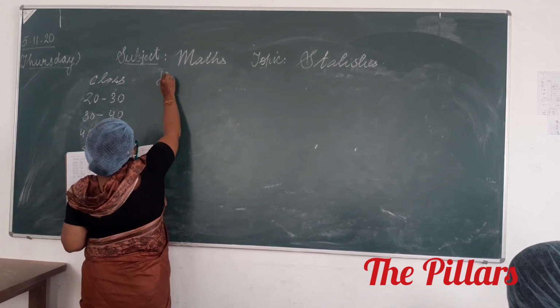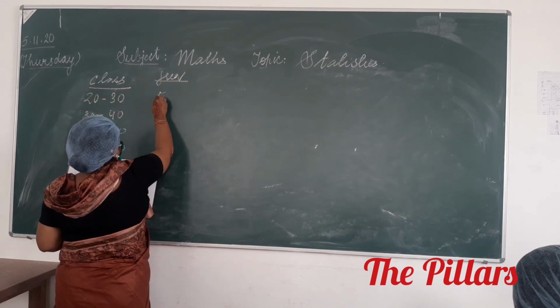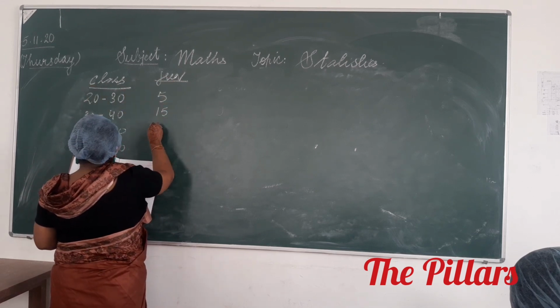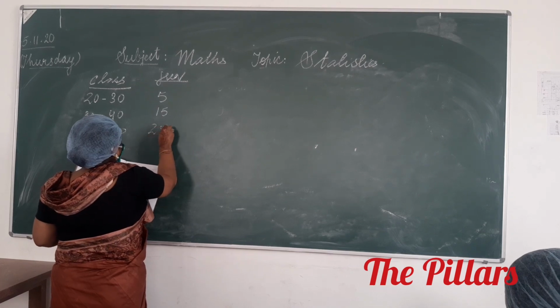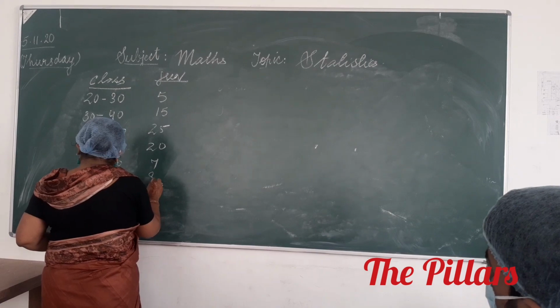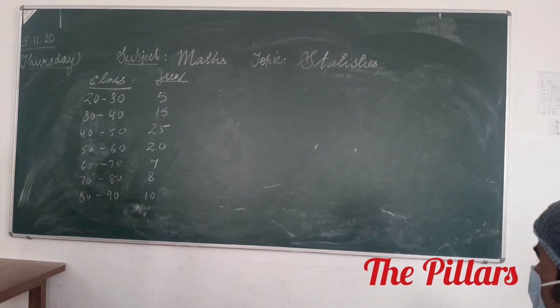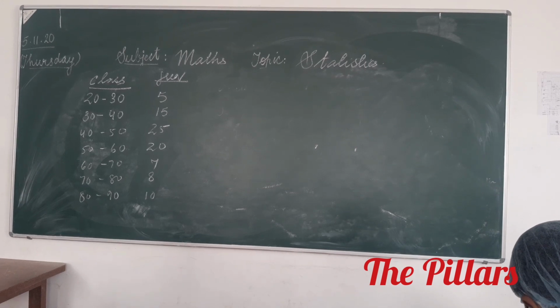And the frequencies given to you are 5, 15, then 25, 20, 7, 8, and 10. Have you copied the question?